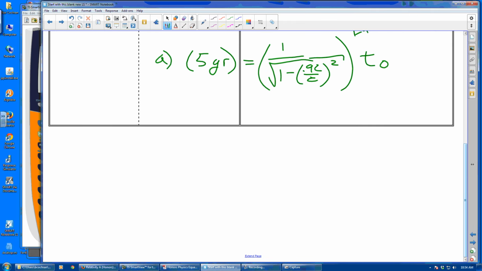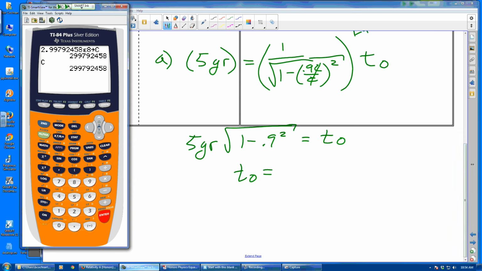And the c's nicely just cancel out. So I'm left with 5 years times the square root of 1 minus 0.9 quantity squared equals t naught. T naught equals 5 square root 1 minus 0.9 squared. Enter.